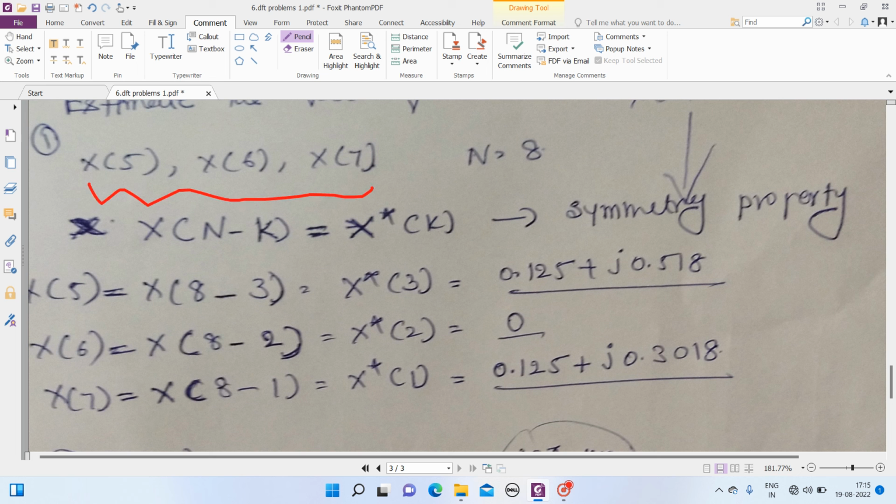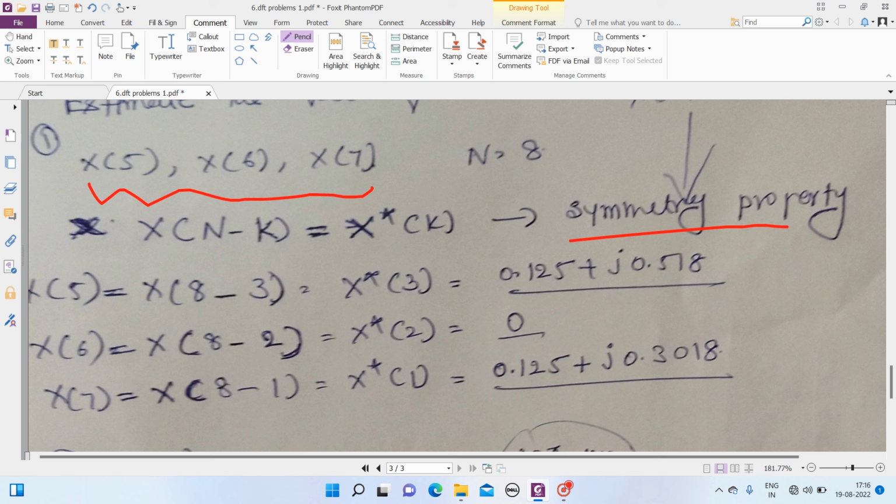Here we can solve this problem very easily using the symmetric property. Why do we have to study these properties? In order to reduce the complexity of the problem, these properties, periodicity properties and symmetric properties, are very useful.